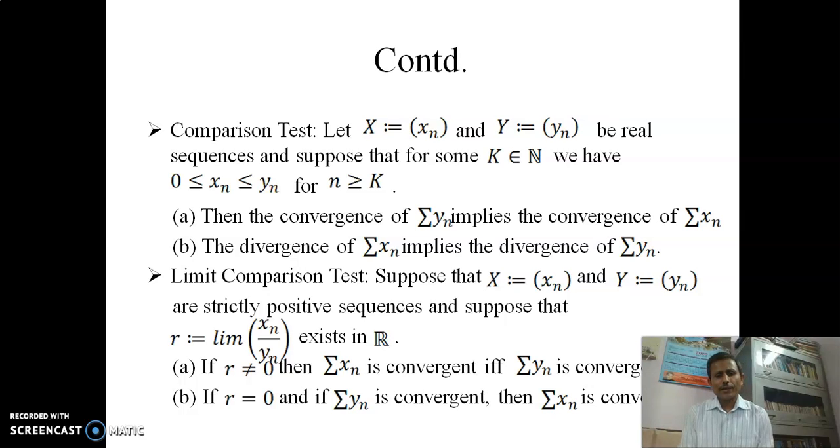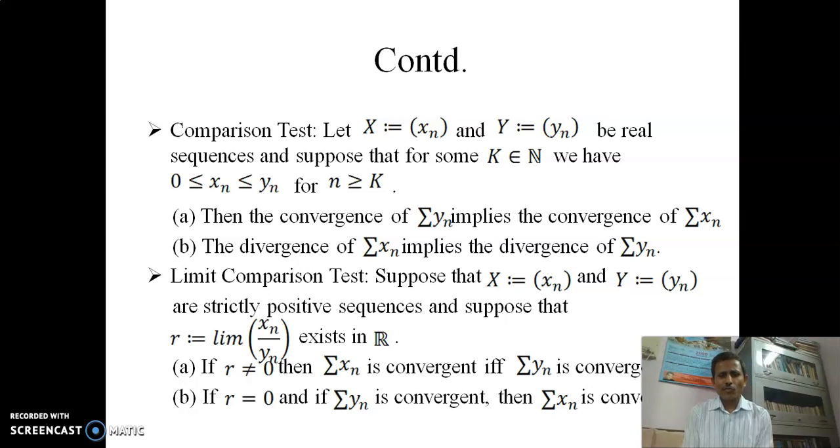So we see that the nth term of a series is smaller than or equal to the nth term of another series, for n greater than or equal to a fixed natural number k. So xn <= yn for all n >= k.